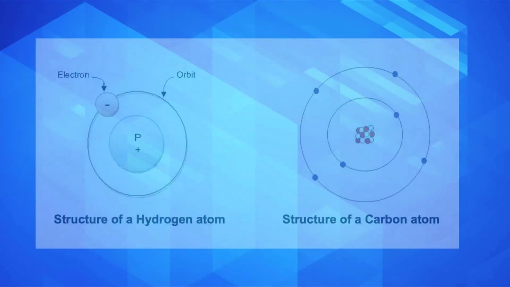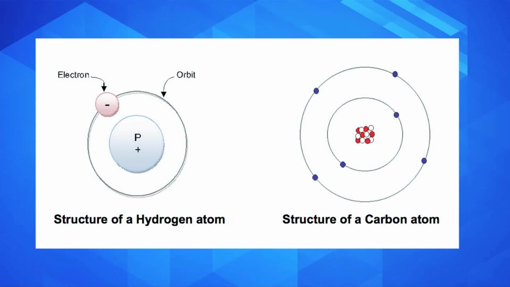The number of electrons and protons depends on the matter and is different for different matter. This is the structure of a hydrogen atom. A hydrogen atom contains one electron and one proton, whereas a carbon atom contains 6 protons in its nucleus and 6 electrons moving around it in 2 orbits, 2 electrons in the inner orbit and 4 in the outer orbit.